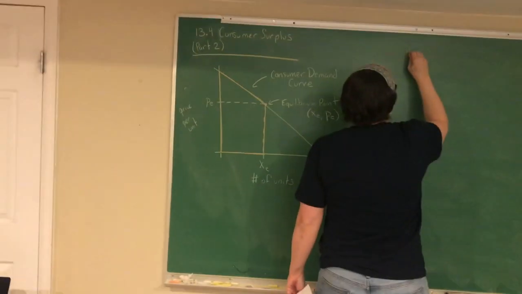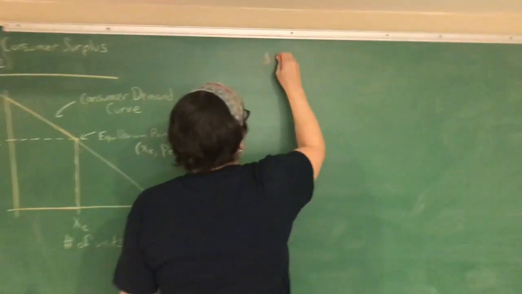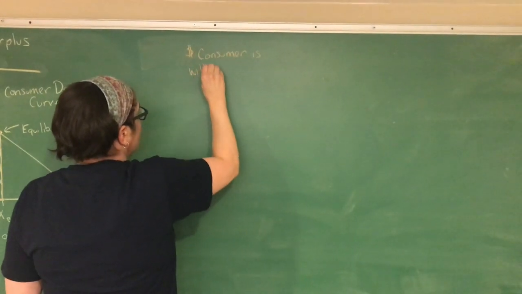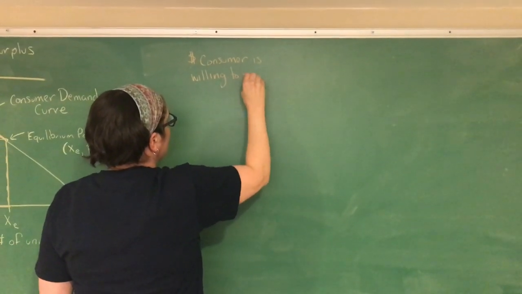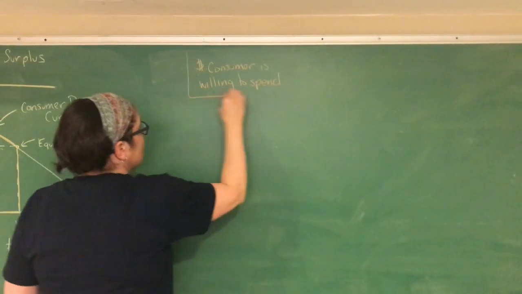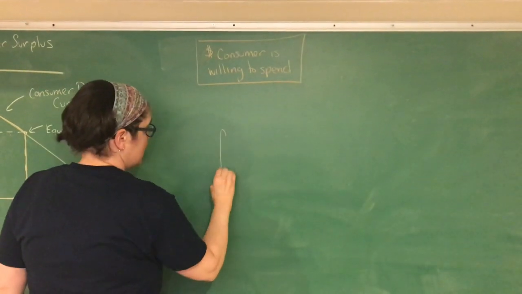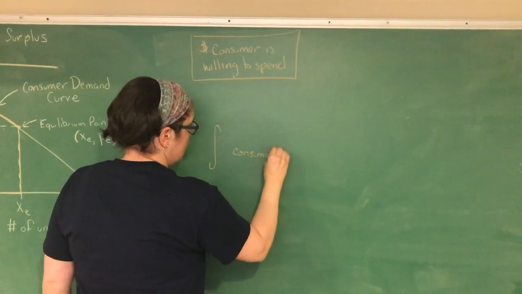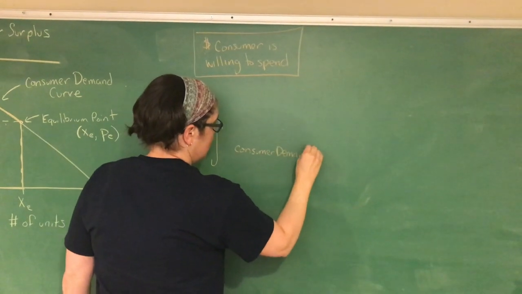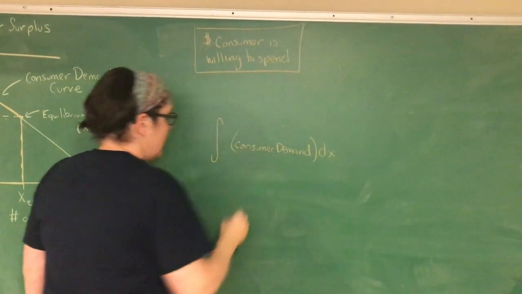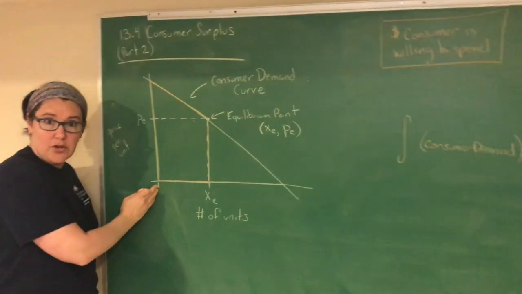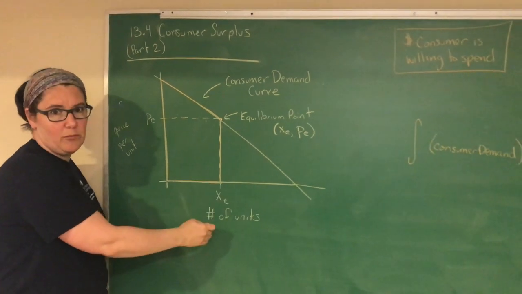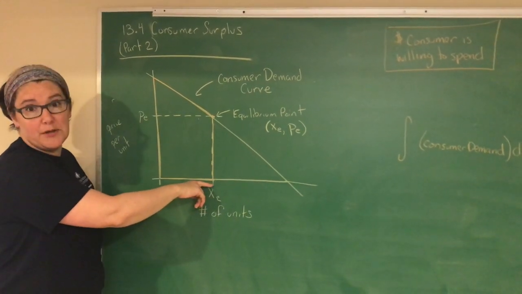So we have the money that the consumer is willing to spend, and we calculated that value as the integral of our consumer demand function, evaluated starting at 0, always starting at 0, and ending at whatever number of units we're talking about, which for us is always going to be the equilibrium quantity.